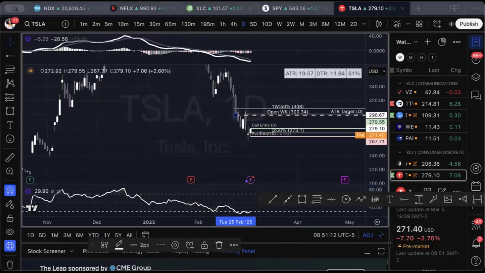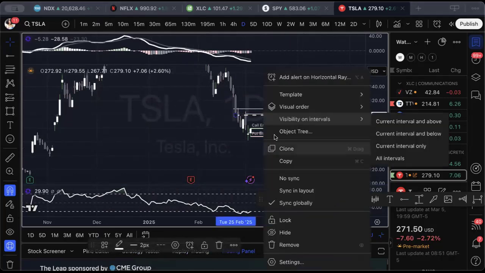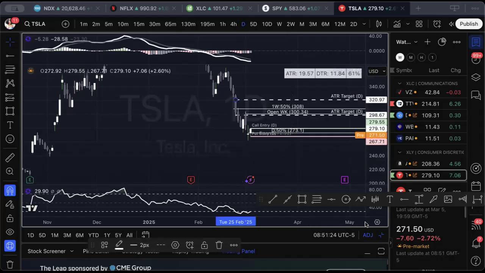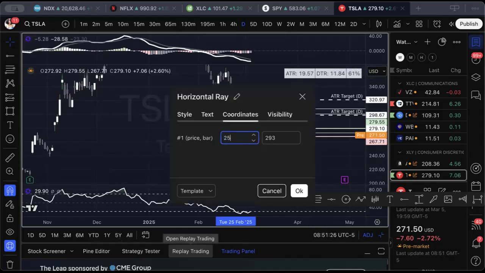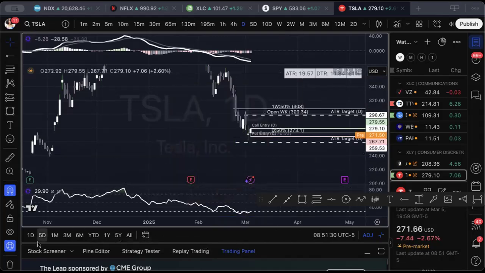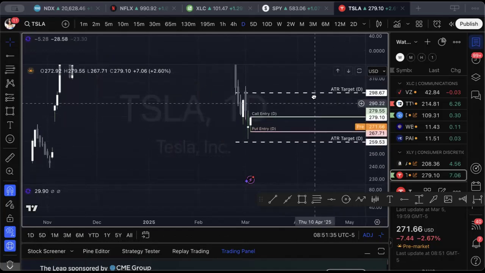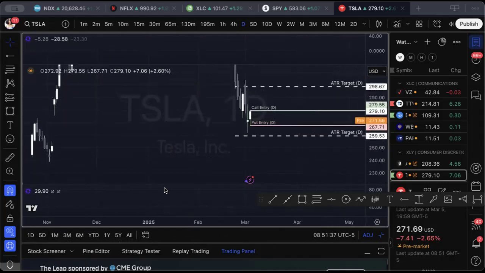And let's look for our downside. All right, so if we were to push to the downside, we're looking at about 259.53. Let's edit that. All right, so now that we have all of that mapped out, all we have to do is mark out our price targets.